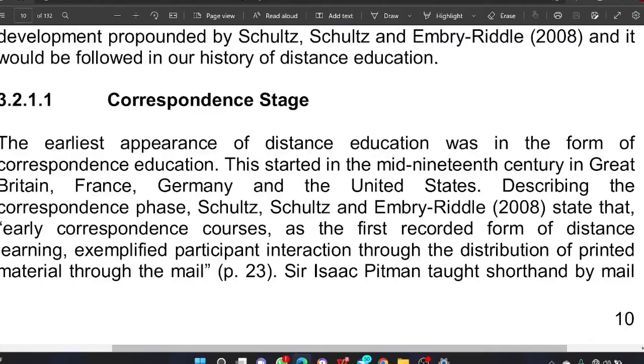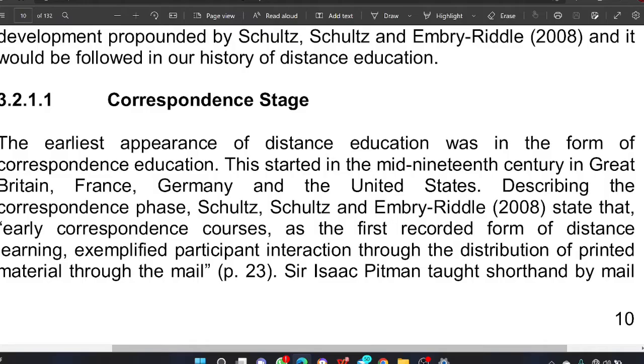The first stage is the correspondence stage. The earliest appearance of distance education was in the form of correspondence education. This started in the mid-19th century in Great Britain, France, Germany, and the United States.